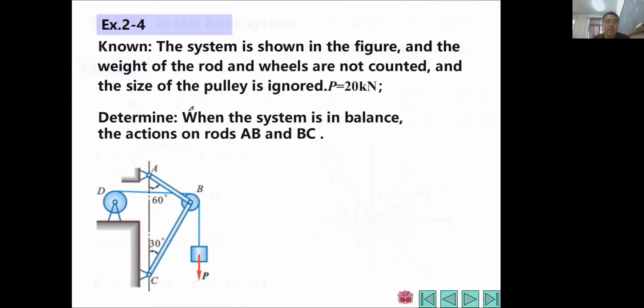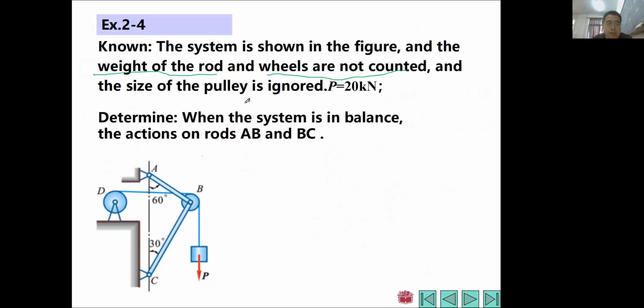So we'll consider a pretty complex system. You guys can see this figure. What we know is the system is shown in this figure, and the weight of the rods and the wheels are not counted.